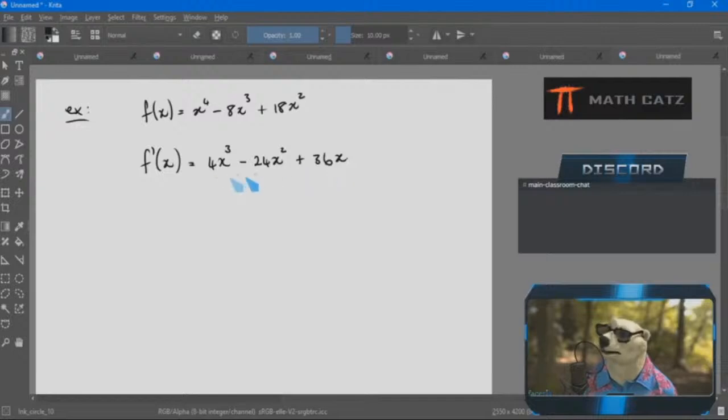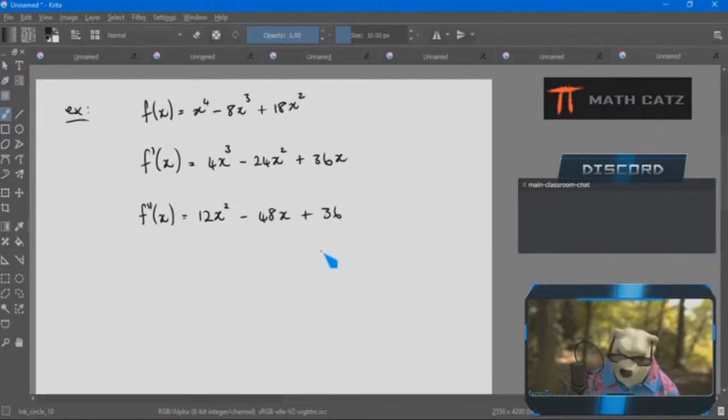Now I need to find the second derivative, which is the derivative of this function. So it is just the basic properties, 12x squared minus 48x plus 36. Now I'm going to do the table on this second derivative function.